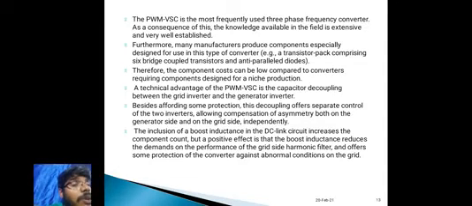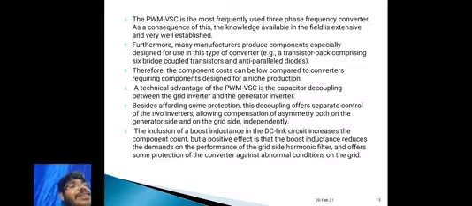Transistor pack comprising a six-switch bridge of transistors with anti-parallel diodes. The pulse width modulation converter is designed this way. The component costs are low compared to converters requiring components designed for niche production. A capacitor is coupled between the grid inverter and the generator inverter.